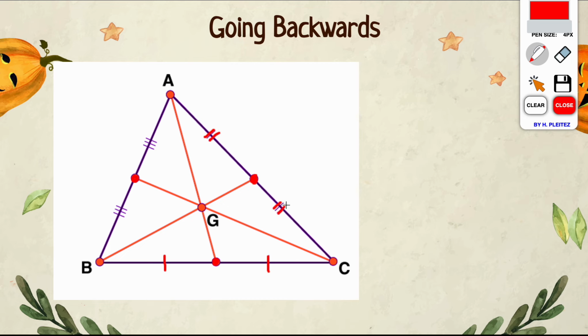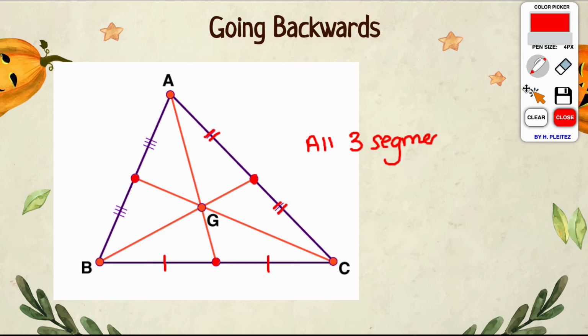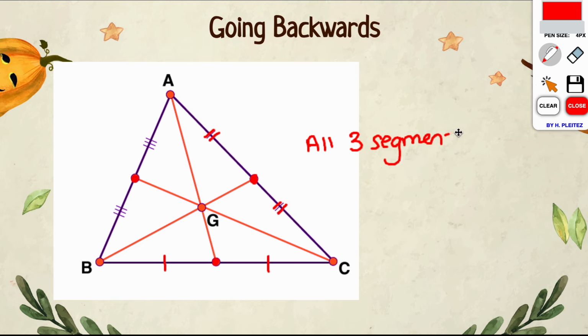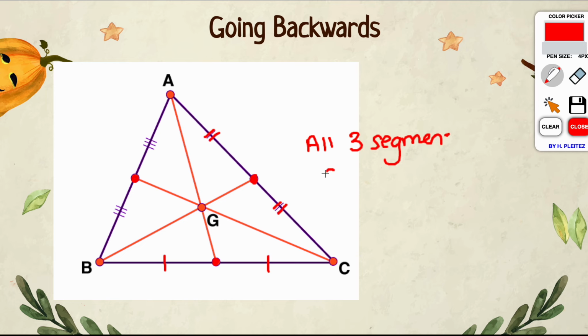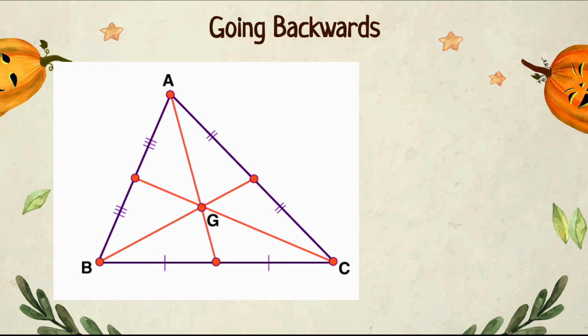So I would know that all 3 segments here are medians. But then also, I see that all 3 of my medians are intersecting here, so I would know that that's my centroid. Getting in the habit of looking at labels to build a story of what's going on is something we have to get used to doing.